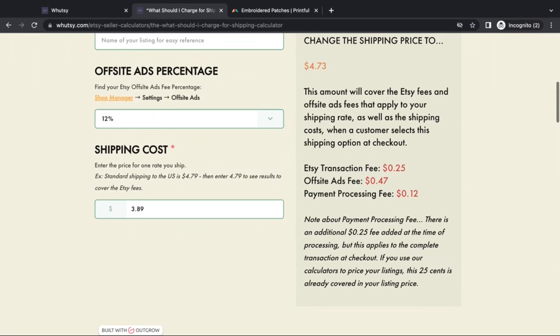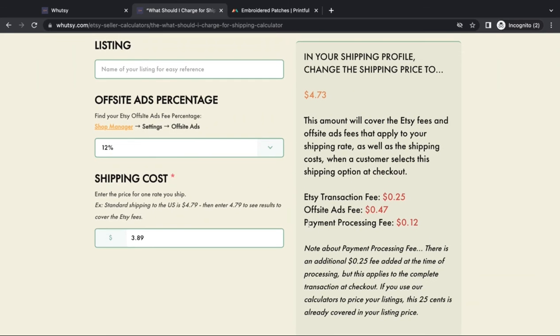And then I have a little note about payment processing fees. There is an additional 25-cent fee added at the time of processing, but this applies to the complete transaction at checkout. If you use our calculators to price your listings, this 25 cents is already covered in your listing price. So I omit that, the payment processing fee is 3% plus 25 cents.